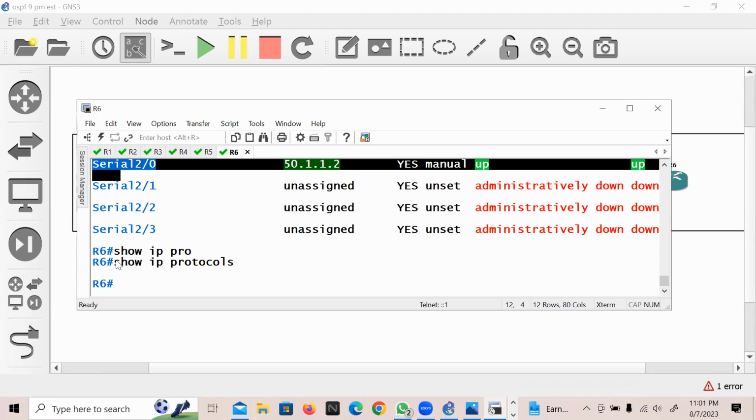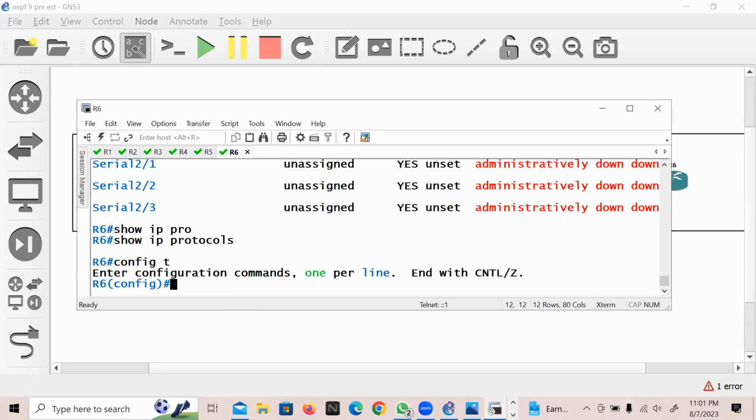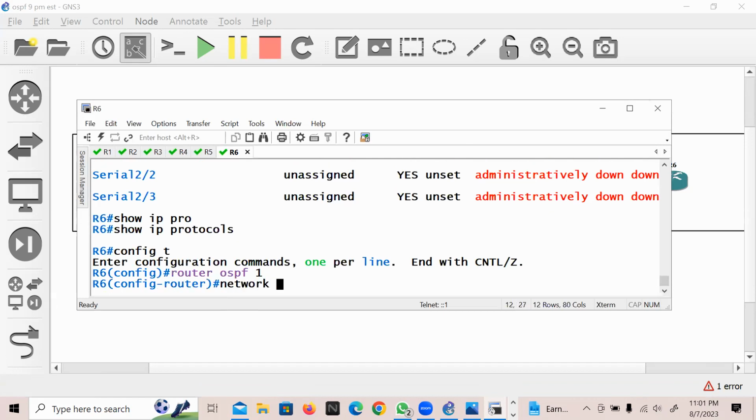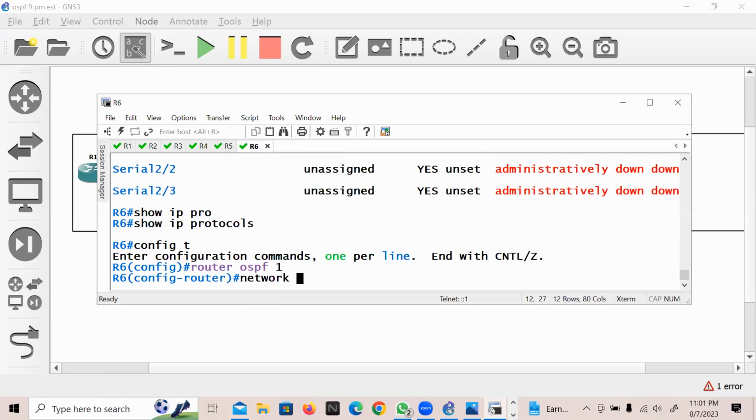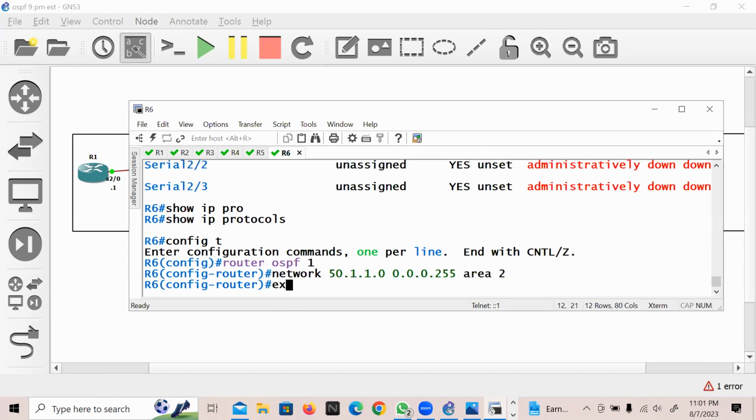So see, I got my mistake. You did not configure any routing protocol here. So router ospf 1, then network. On R6 we have the same network 50, and it is area 2, I think. Yeah, area 2. Okay, that's it.